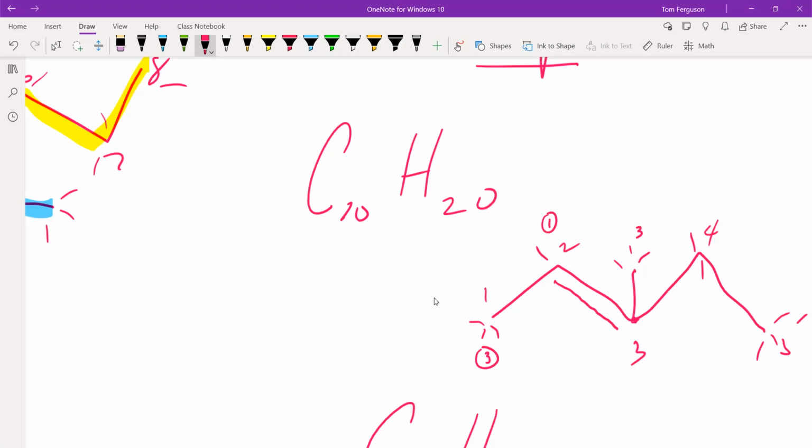We have 3 here. That's the end of the methyl group. That's a carbon right there. And there are none here because the carbon, again, has 4 bonds. We have 1, 2, 3, 4. We have 2 here, 3 here. Does that make sense? Yeah, thank you. Okay, cool.